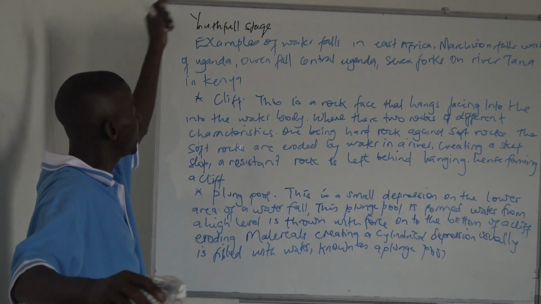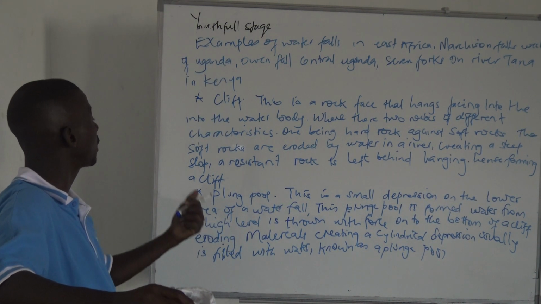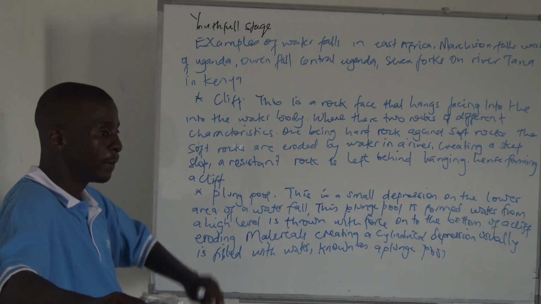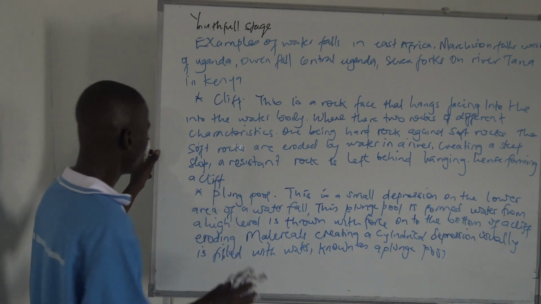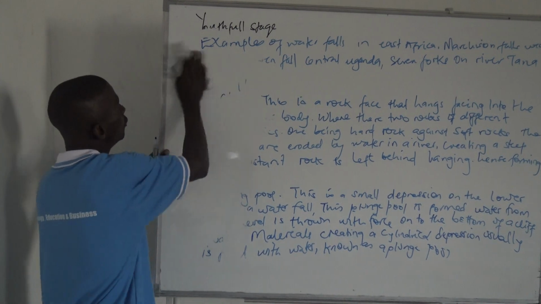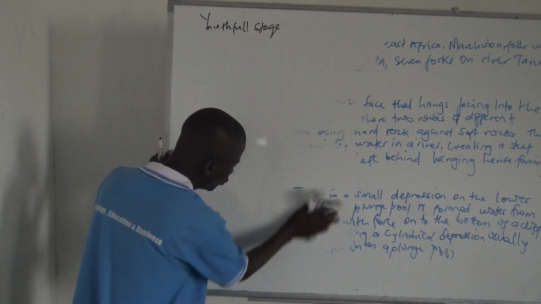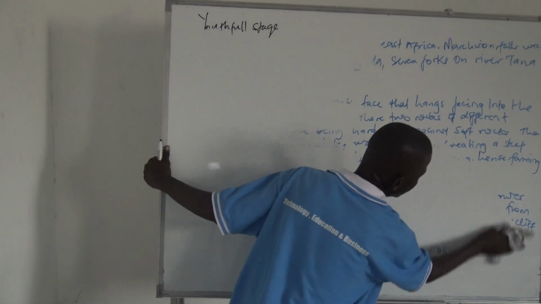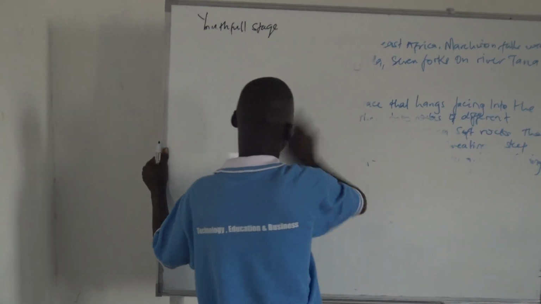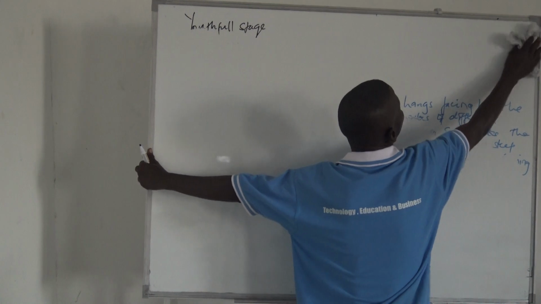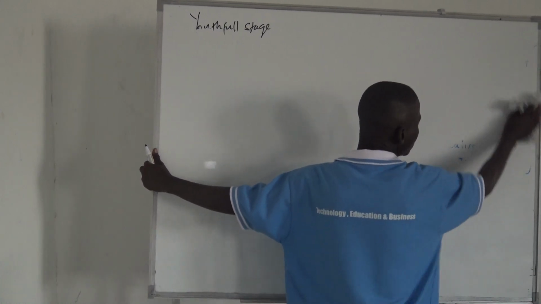So most of the plunge pools are mainly found near the waterfalls, on the base of a waterfall. Maybe I could simply illustrate what I mean.